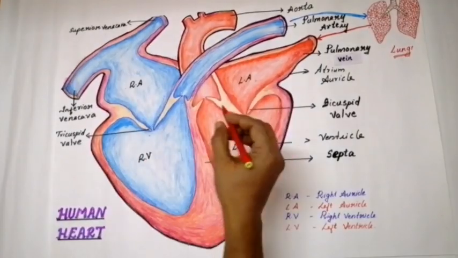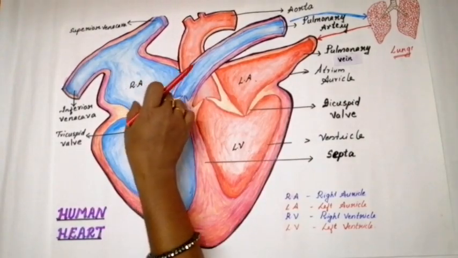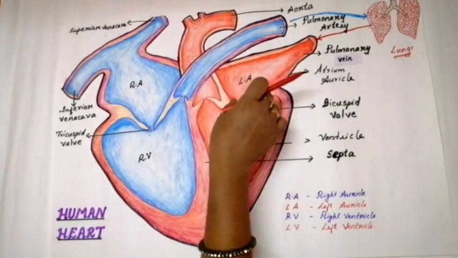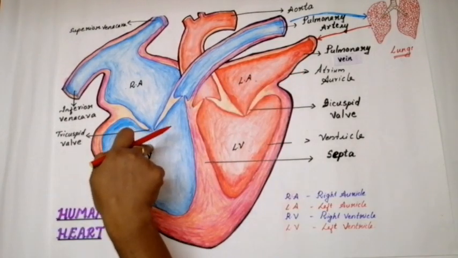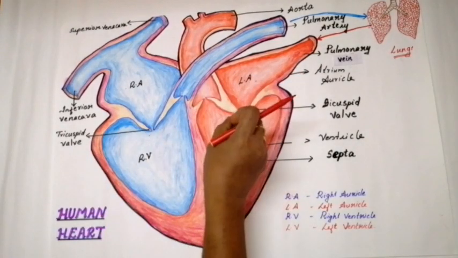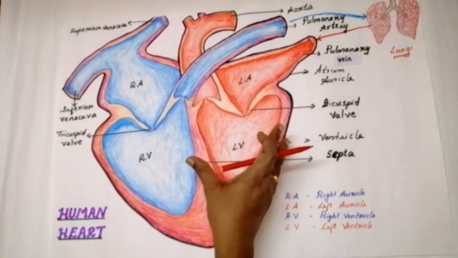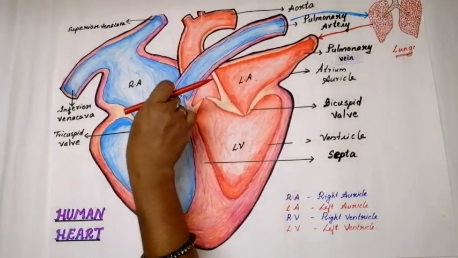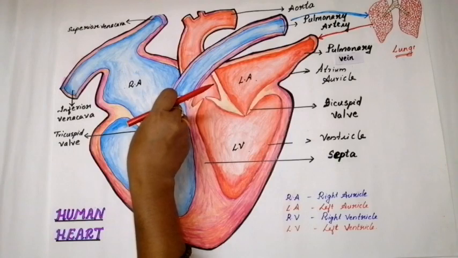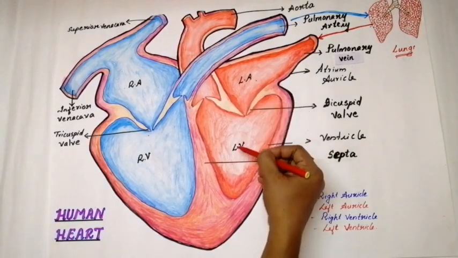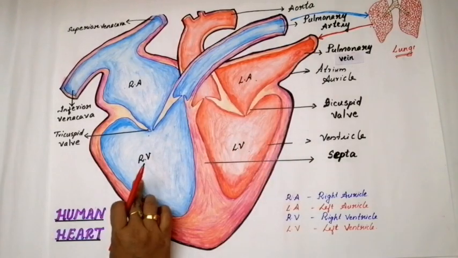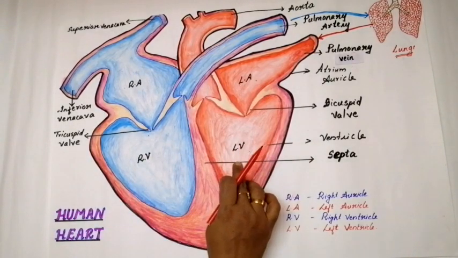and there exerts a pressure inside the 2 auricles, and due to this the tricuspid valve and the bicuspid valve open and the auricles contract. When the auricles contract, the blood from the right auricle and the blood from the left auricle enters into the right ventricle and left ventricle.